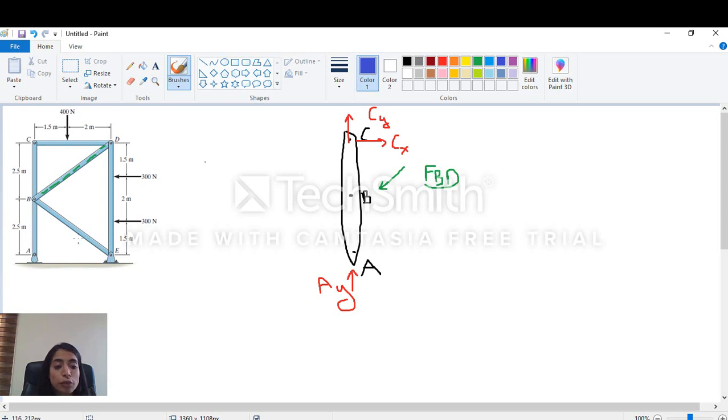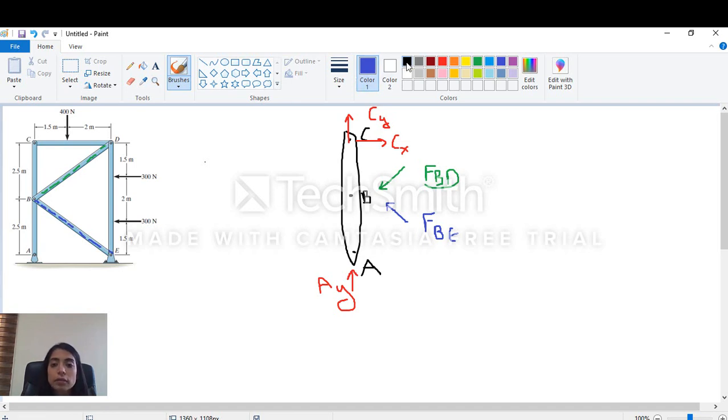FBE is also a two-force member, which means the force at B on the member BE will also be axial. So I will assume that this will be the direction. I'm sure here that FBE will be axial, which means it has the same direction as BE, and that's why I'm tracing this blue line in the direction of BE.